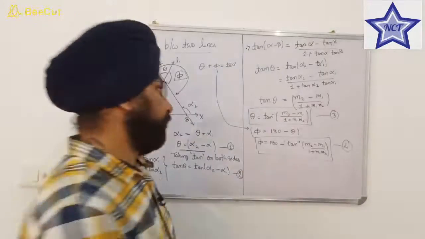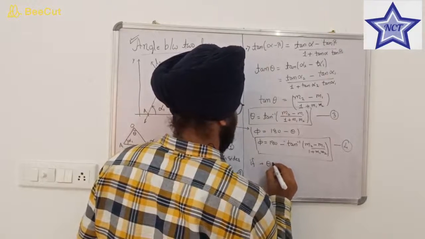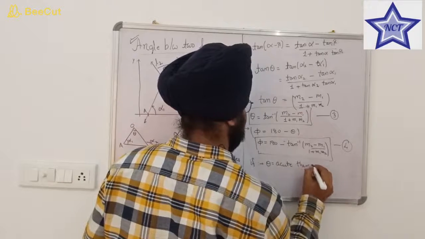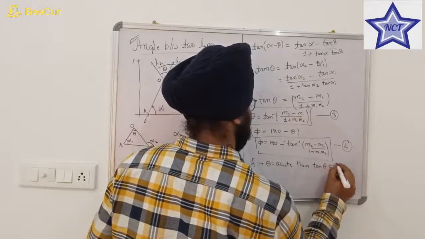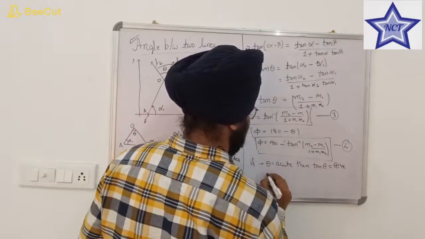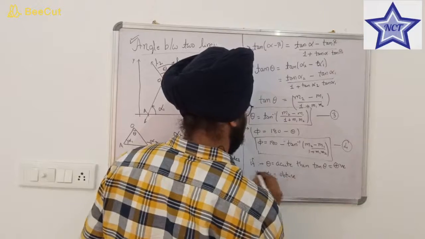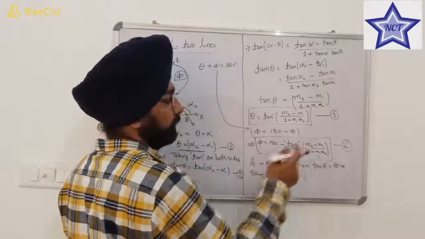So I can conclude that if theta is acute, then tan of theta will be positive and phi is obtuse, since phi equals 180 minus theta.